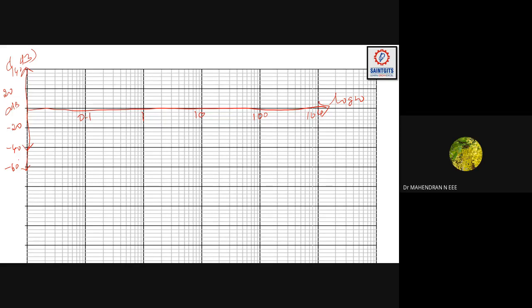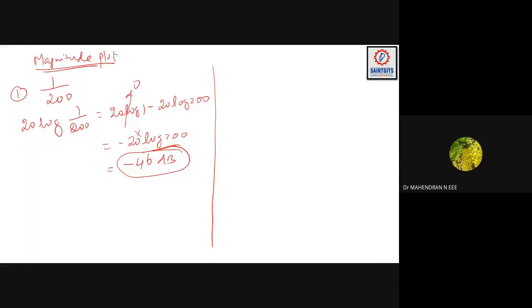Okay, so first we are trying to draw the magnitude plot of the constant 1 divided by 200. This is your first term, and here the gain in dB is approximately minus 46.